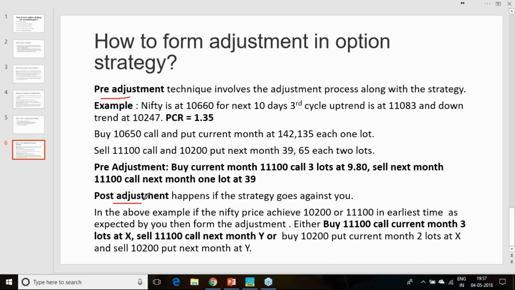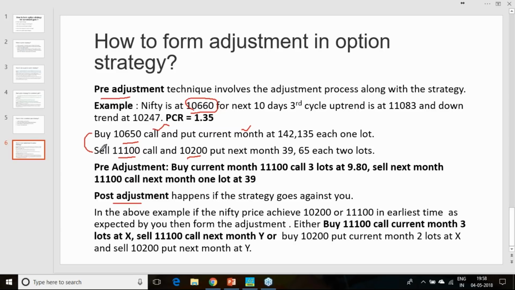But it should be at a lower cost, and you have to pay some margin. Suppose I am going for this particular analysis of Nifty that I have shown you. I sold a call option, I bought a call option and a put option, and I sold the 10,100 call option and the 10,200 put option. What is the risk in this strategy?